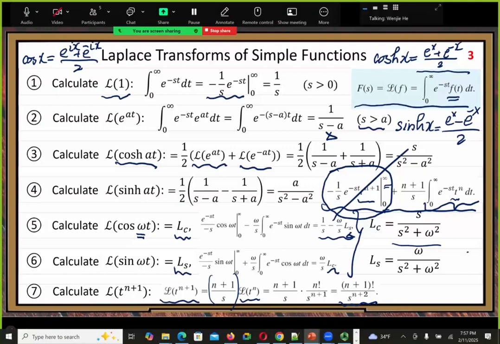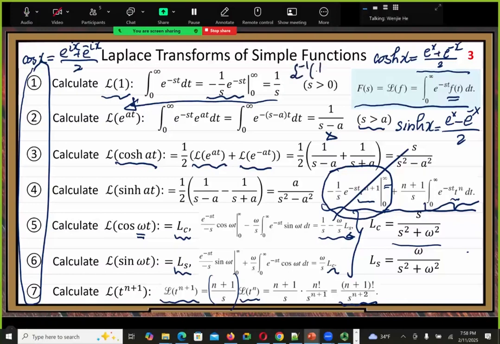For example, here we have 7 basic Laplace transform formulas on this slide. Based on the understanding of the inverse Laplace transform, for each formula we just work in the opposite way, so we can get the inverse formula immediately. The inverse of 1 over s equals 1.